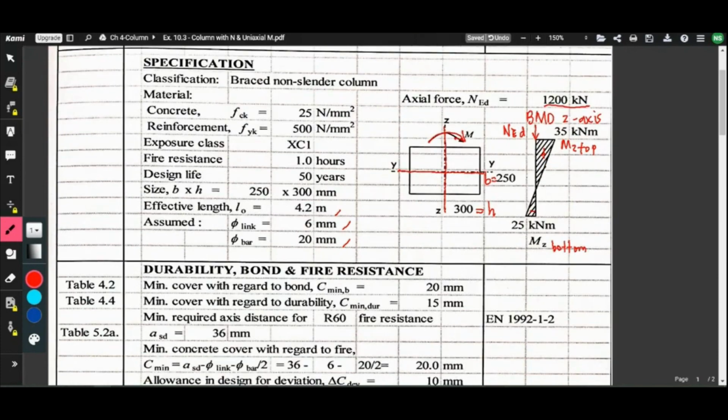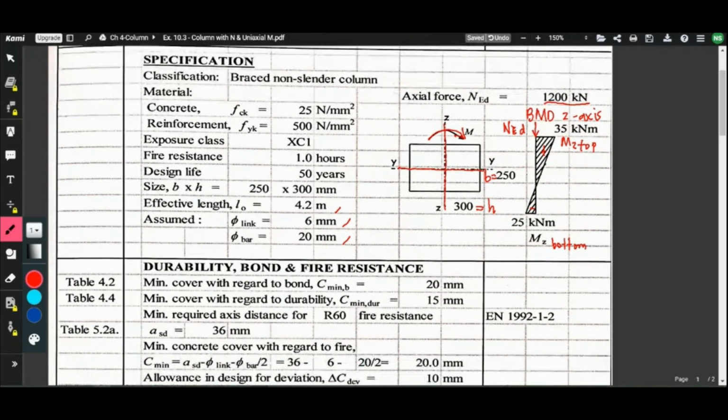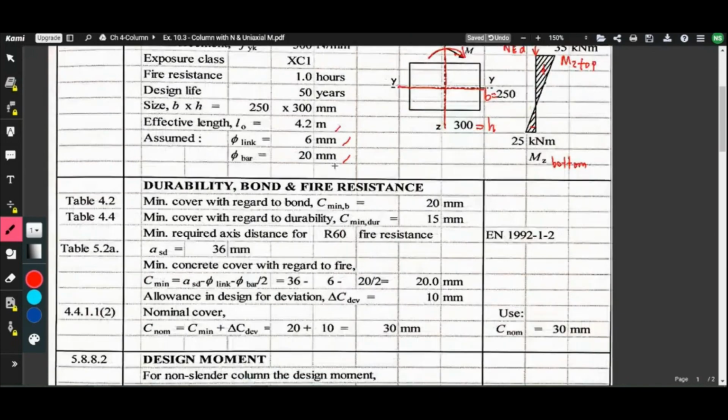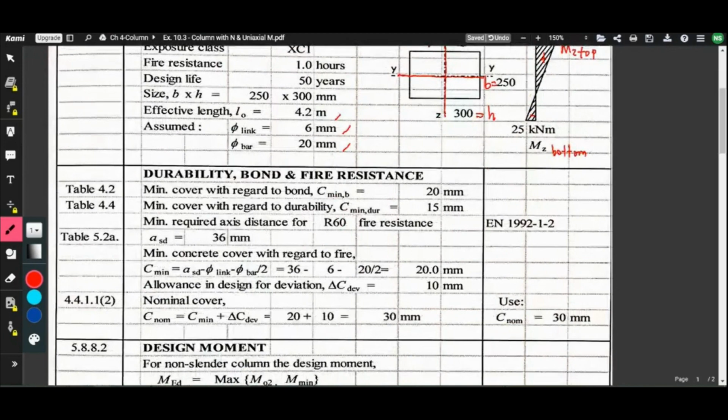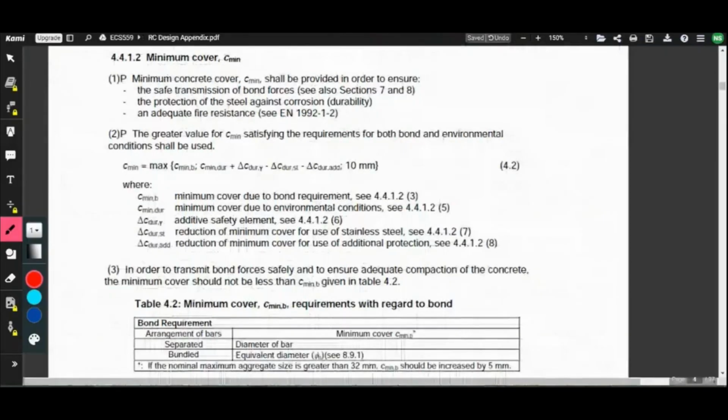So the first step is to determine the nominal cover, because when you are given exposure class, fire resistance and design life, it means that you need to calculate Cnom. To calculate Cnom, you can refer to the formula in the design appendix.